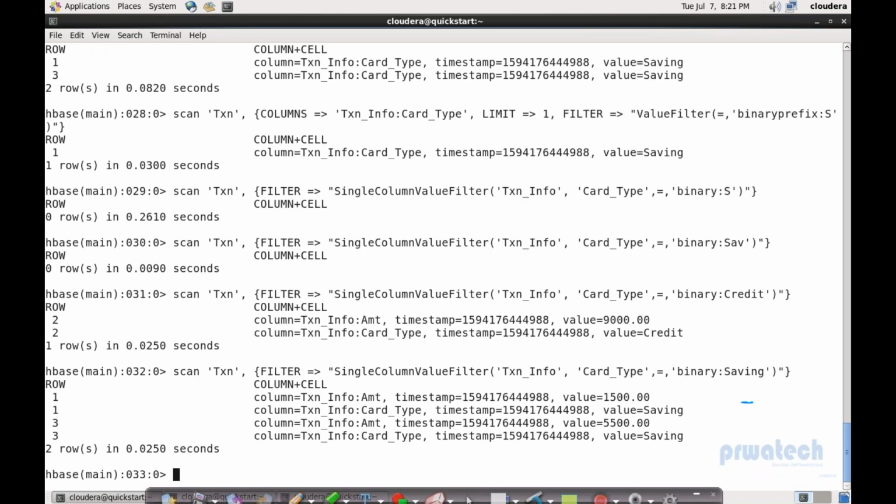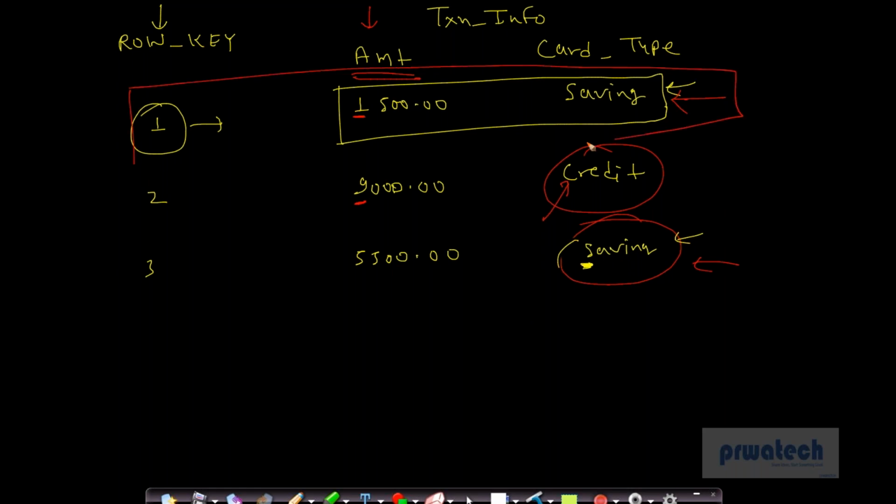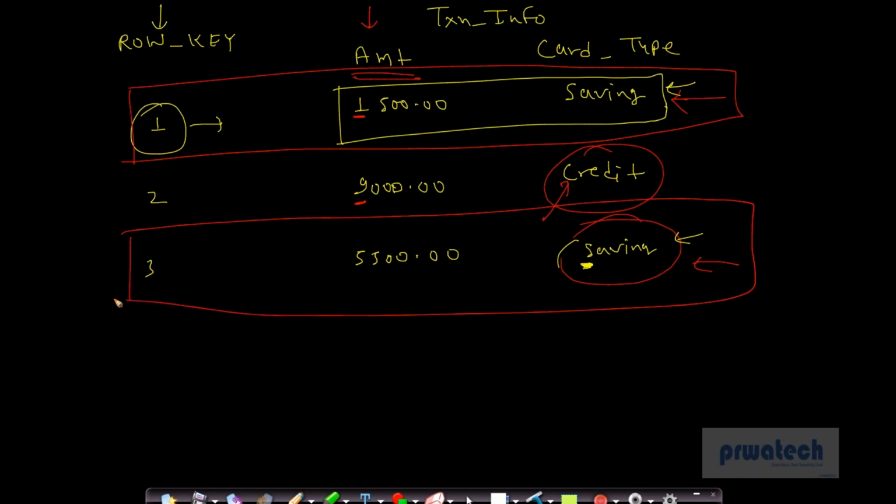So the single column value filter gives you results from the row keys where saving is stored. Saving is stored in this row and in this row, the first row and the last row. So it will give us the complete data of both. This is like running a query select star from table name where card type is equal to saving, right?